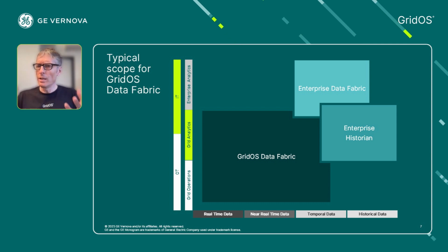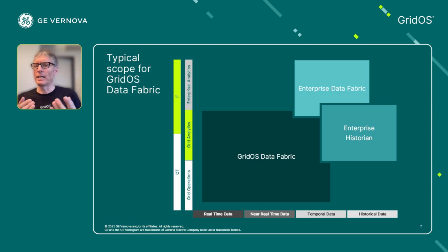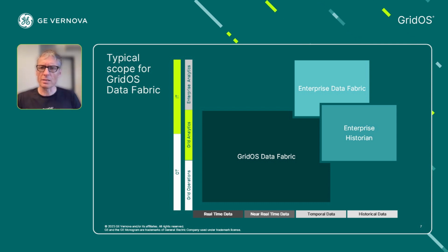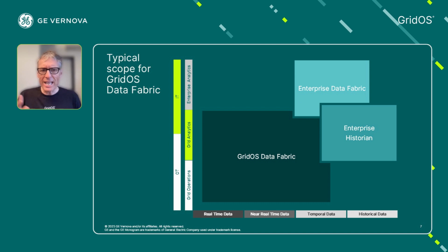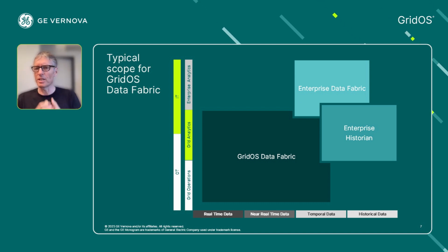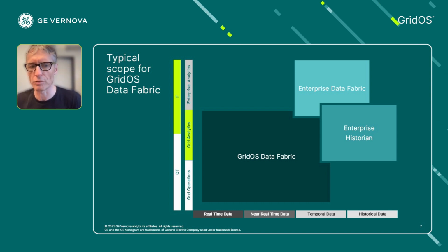So all the kind of data where you want to use it for forecasting, for orchestrating the grid, to run outage management analysis, the things where the real-time aspect of data is important. That is what the GridOS Data Fabric is optimized for.